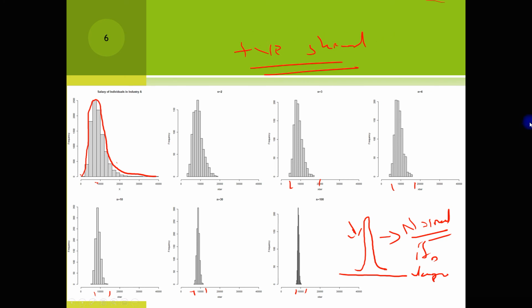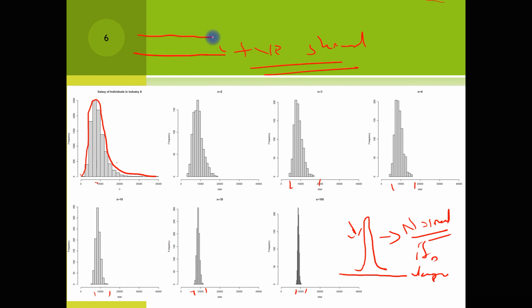Even if x, listen to me well, even if x is a distribution that is crazily like that, I don't know what it could have been. I'm exaggerating here, but whatever it could have been, suppose it was something like this, all right? Something like that, for example, or anything else, whatever.